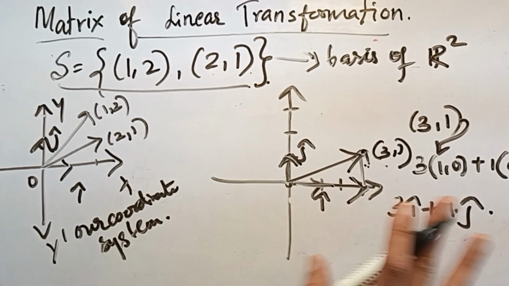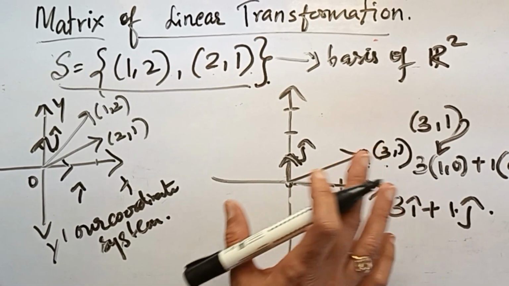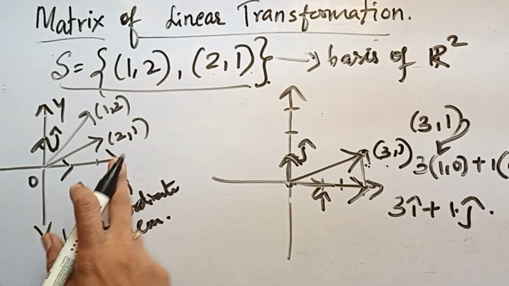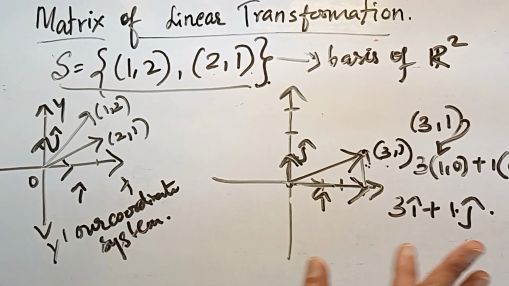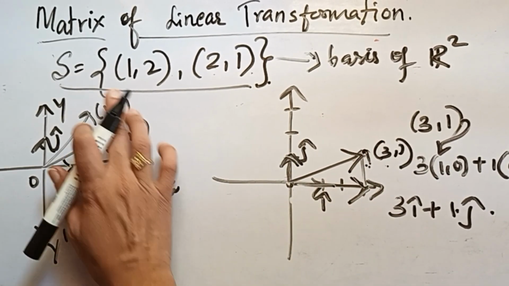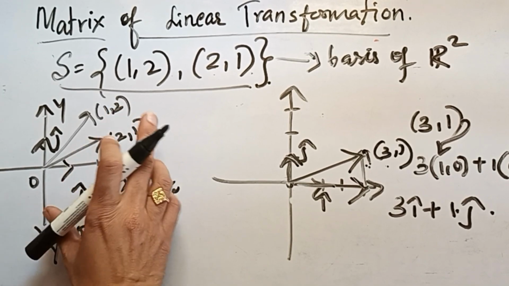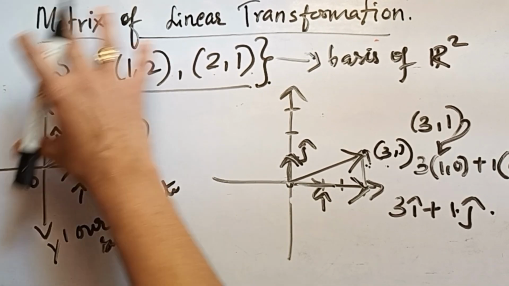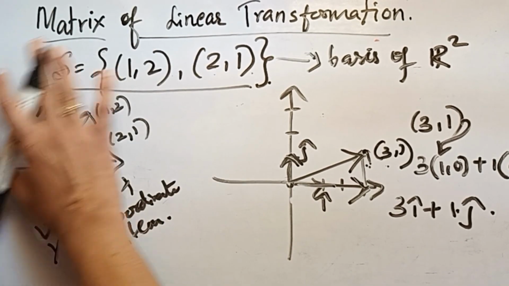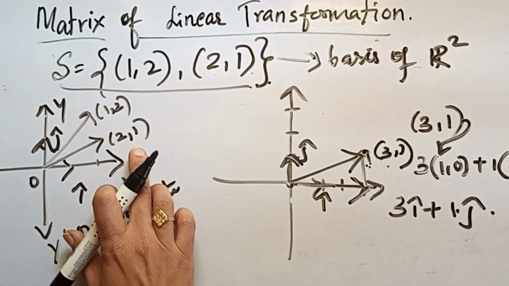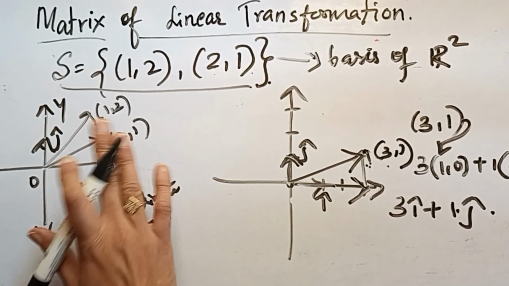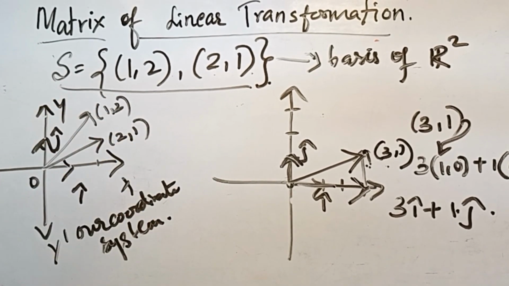So any vector for that matter, it is a linear combination of basis vector or scaling and adding basis vector. So now when you take 1, 2 and 2, 1 as a new basis, every vector in R square or every vector in plane is a linear combination of these two basis vectors. So it forms a new coordinate system.